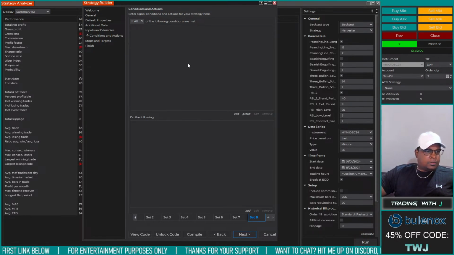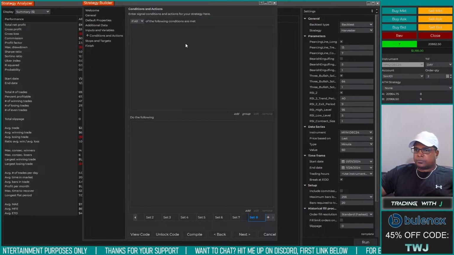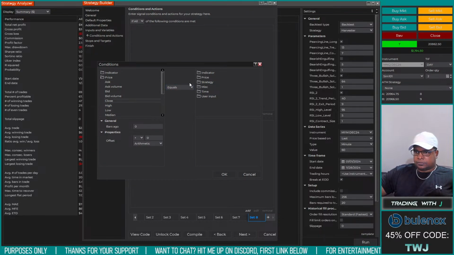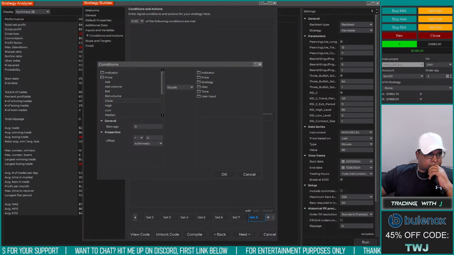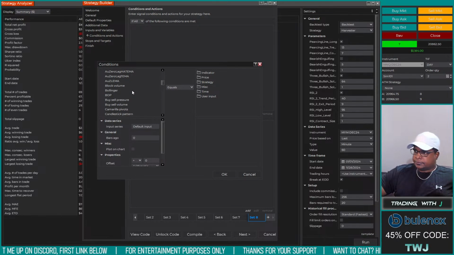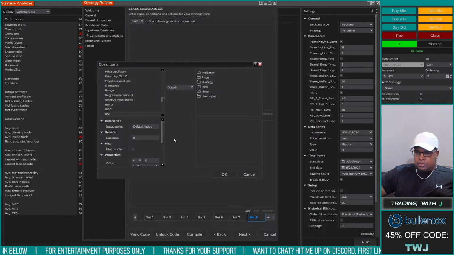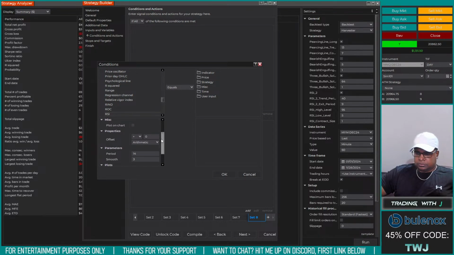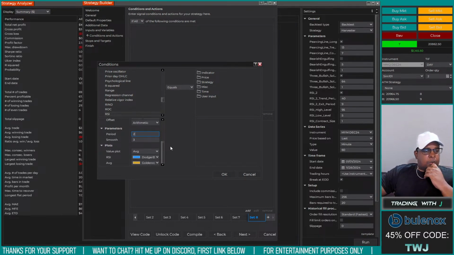Now, for the entry, we need close RSI. Now the question is, how do we input the levels?